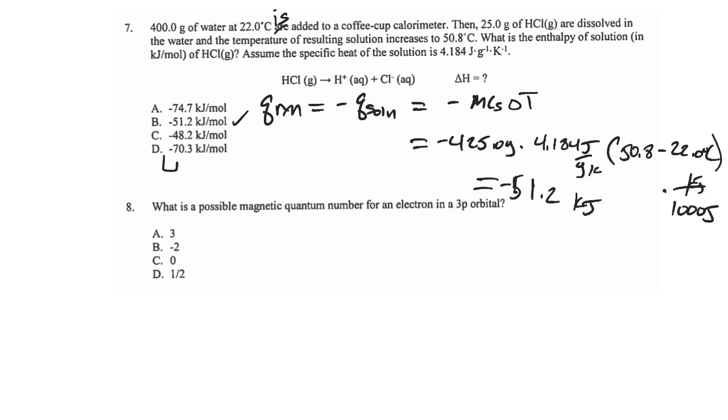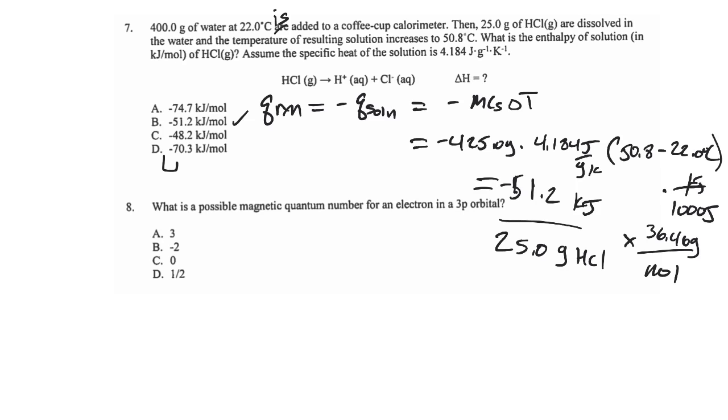What we have to do is say that this is the heat that's released per quantity of the reaction occurring. That's per 25.0 grams of HCl. So we could convert and say, well, that's the kJs per gram of HCl, but we want per mole of HCl. So we want the enthalpy of solution per mole of HCl, so we just go grams per mole. 35.45 plus 1.008, so that's 36.46 grams per mole.